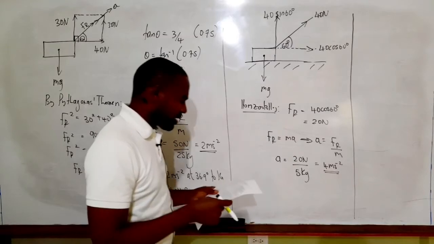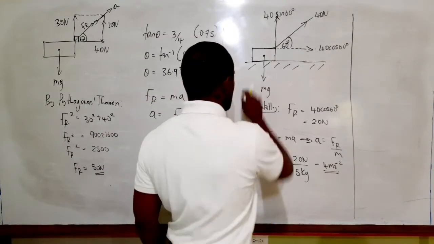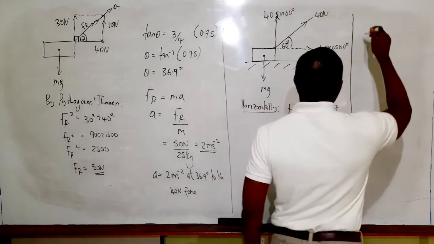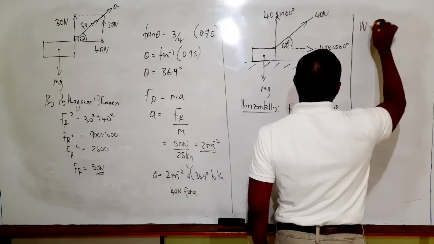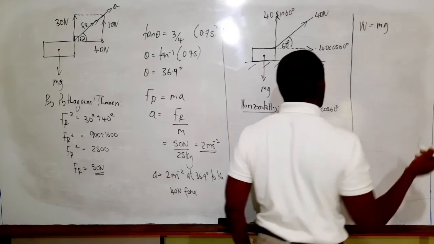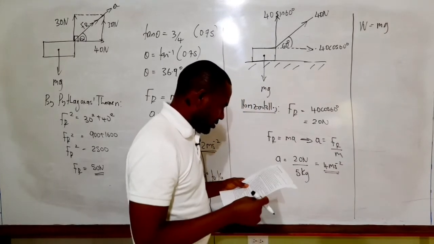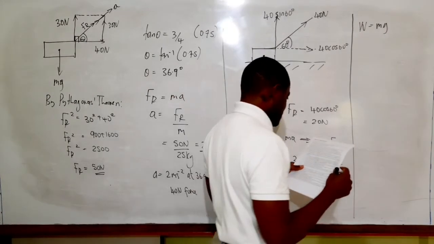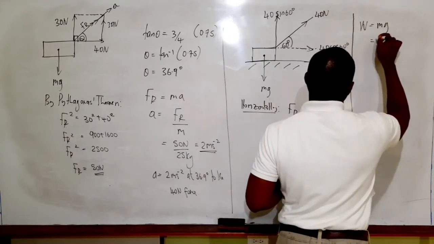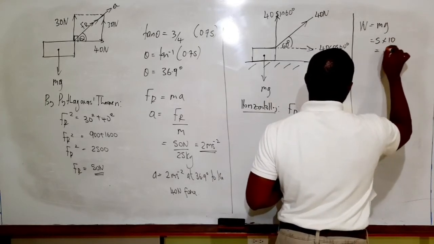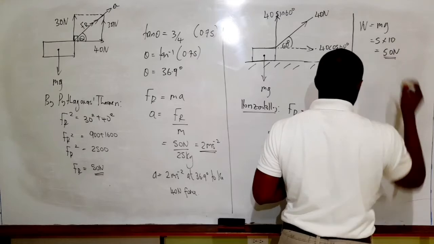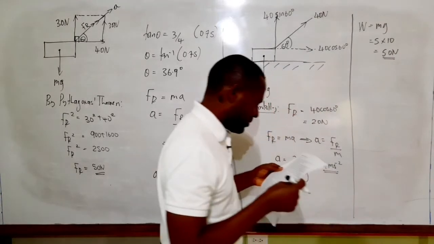Now let's work out the magnitude of these two forces. First we'll work out the weight. So the weight of the object, W, is equal to mg, taking g as 10 newtons per kilogram, right? So this gives us 5 times 10, which is 50 newtons. So the weight of the body is 50 newtons.